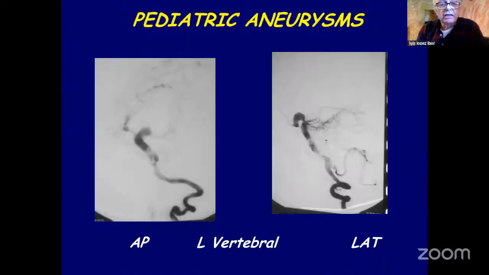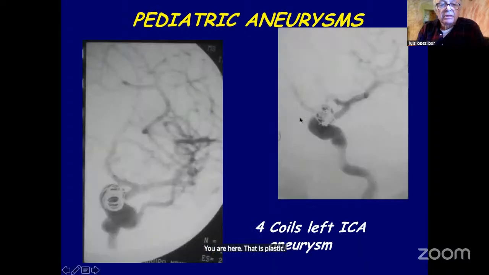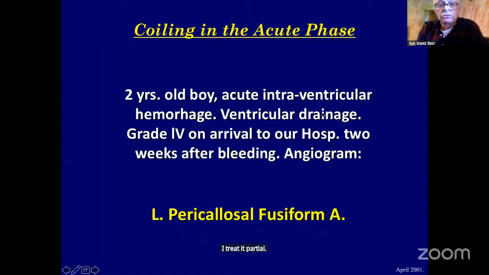Also, you see one in the posterior communicating artery. Here, the dysplastic one. I treated partially, but then didn't touch more, because the dysplastic is very difficult, and at that time we didn't have the flow diverter.